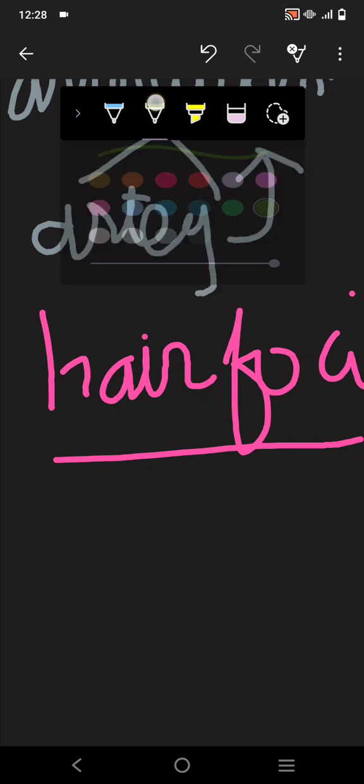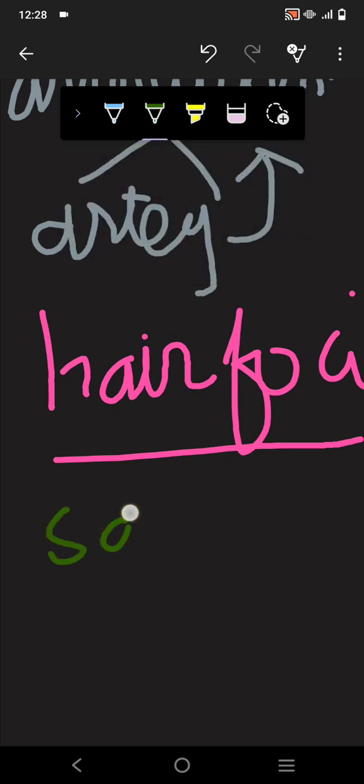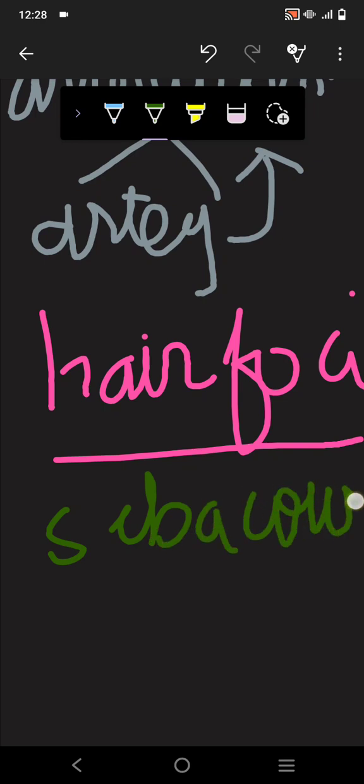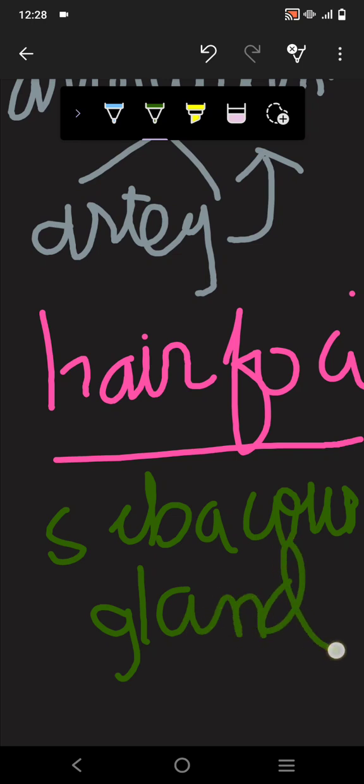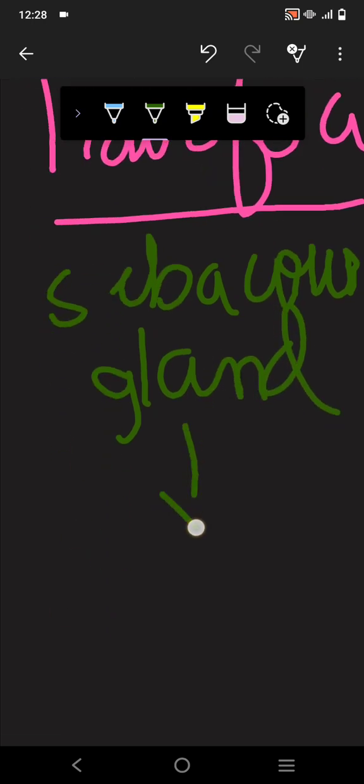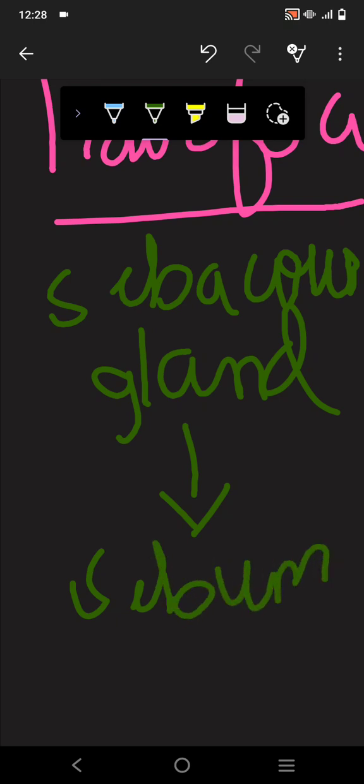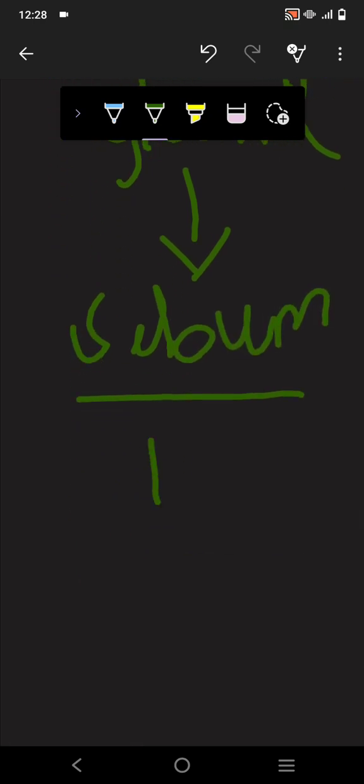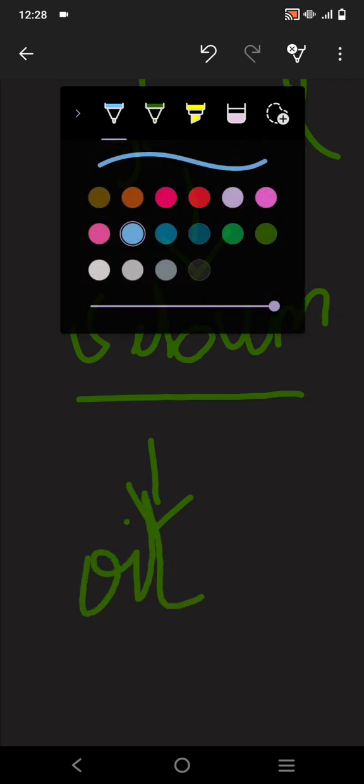What is the sebaceous gland now? The sebaceous gland releases sebum. What is sebum? Sebum is basically an oil-like substance.